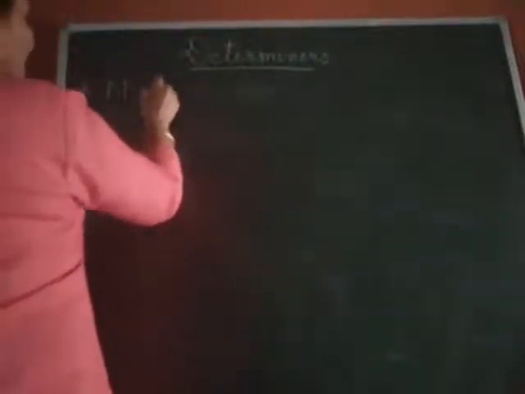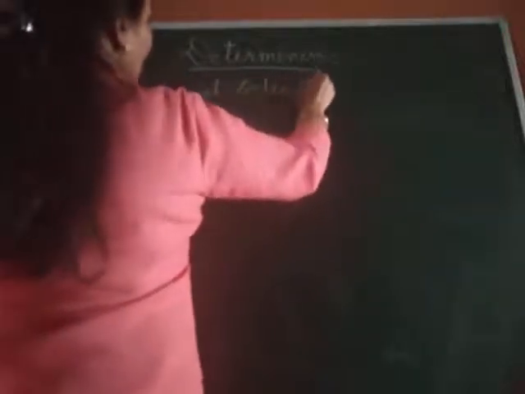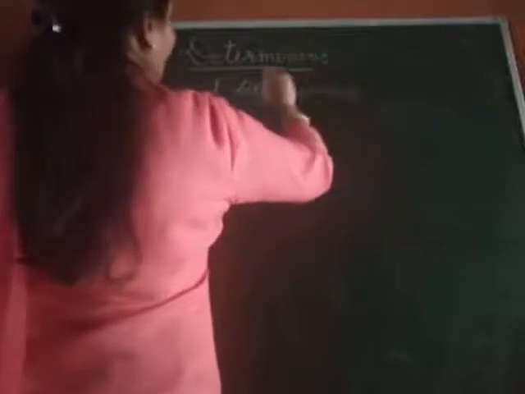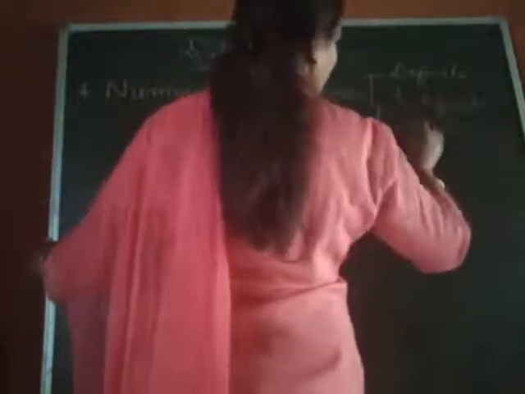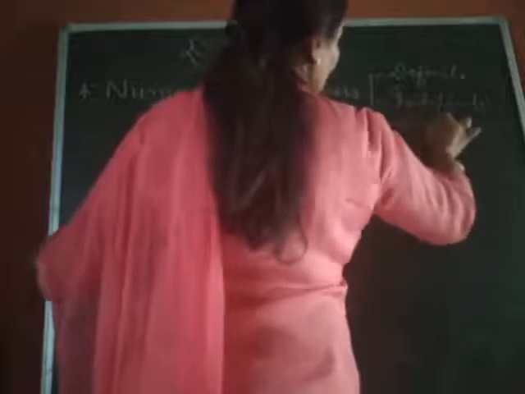And number fourth are the numeral determiners. Numeral determiners are those determiners which show the number.